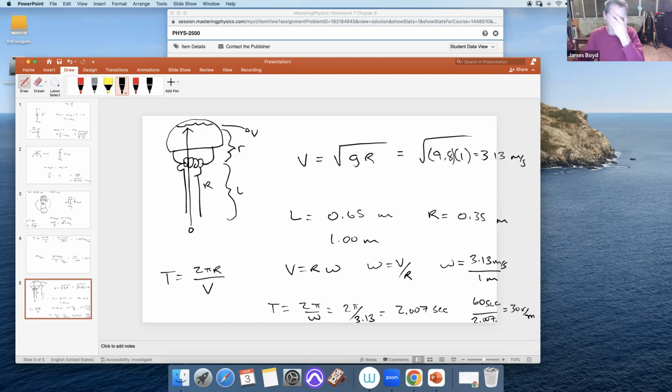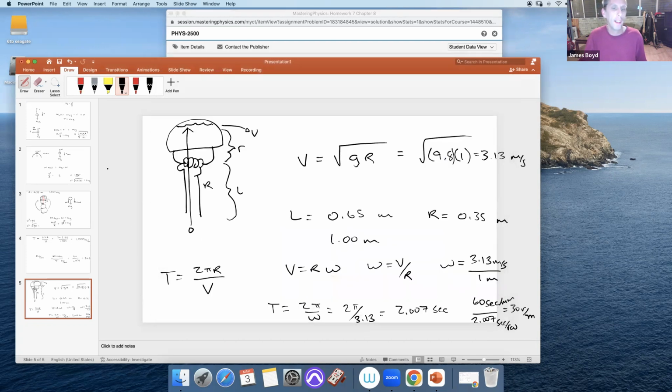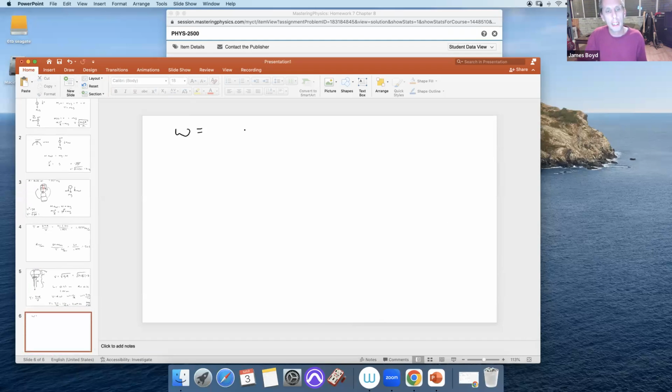Okay. This is seconds per revolution, and this is seconds per minute, as I did before. Now, what they've done here is they actually found omega. However, they didn't quite find omega because omega is in radians per second.